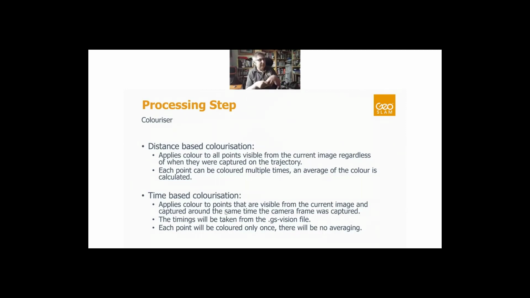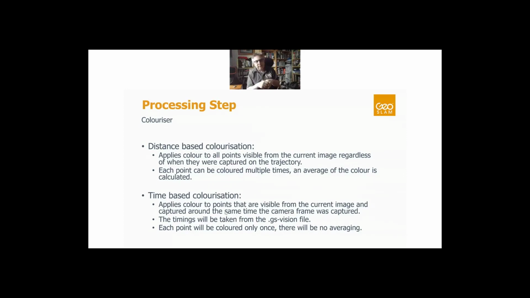So now you can see that each point can be colored multiple times. So then we take an average color to apply to each point. This is why, if we were to run the colorizer, time-based is generally a lot quicker, because we're just literally taking image, set of points, image, set of points, image, set of points, and moving through the image list.